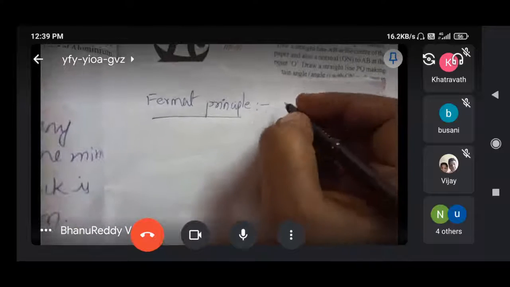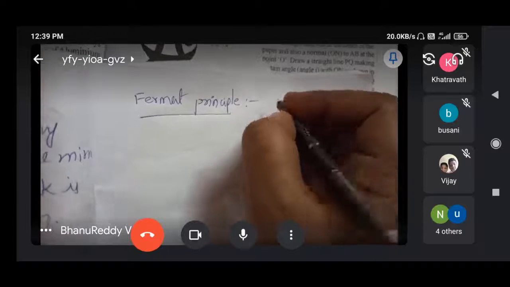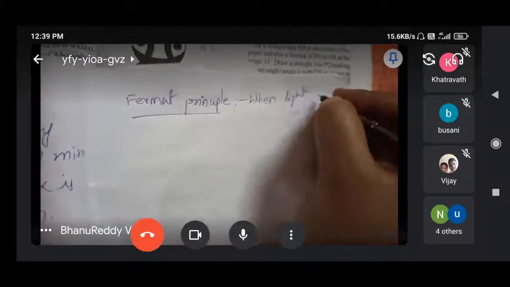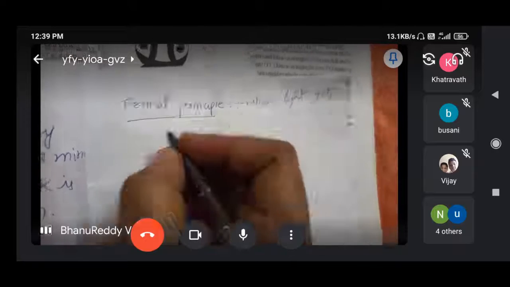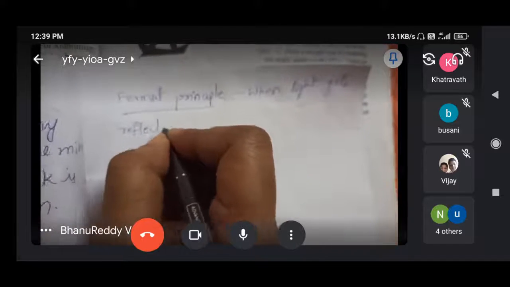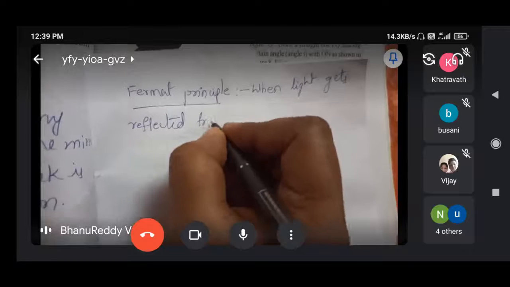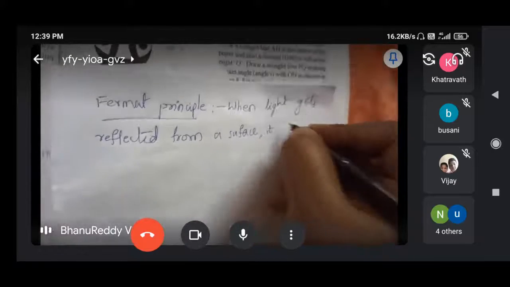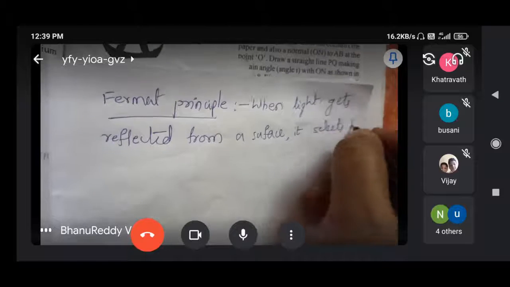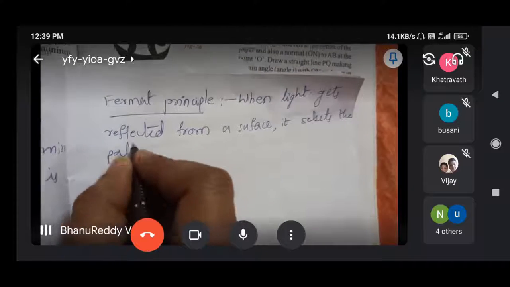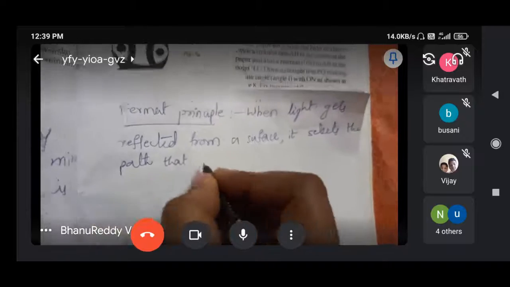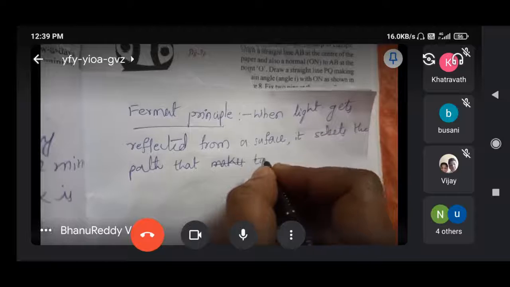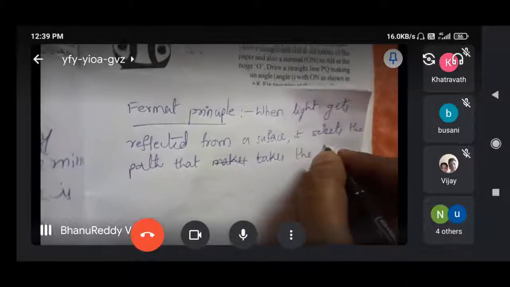When light gets reflected from a surface, it selects the path that takes the least time.